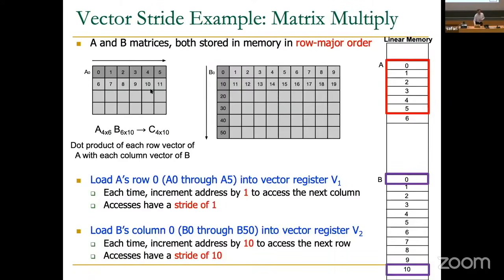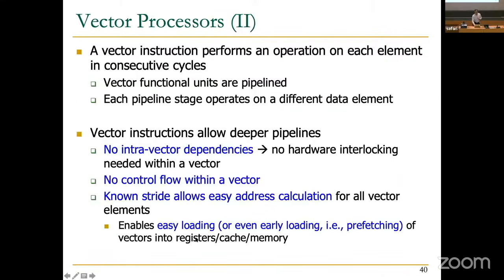If you go back, you always calculate the address by incrementing it by 1 over here. When you're loading this column, you always calculate the next address by incrementing it by 10. So you have a known stride, essentially. That helps easy loading of vectors into registers, cache, or memory, or even early loading or prefetching, because these are really predictable addresses.